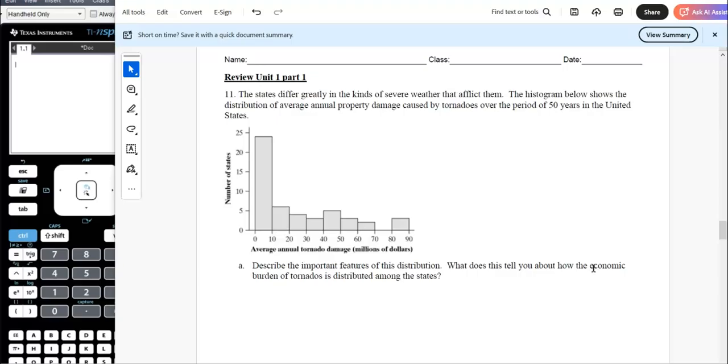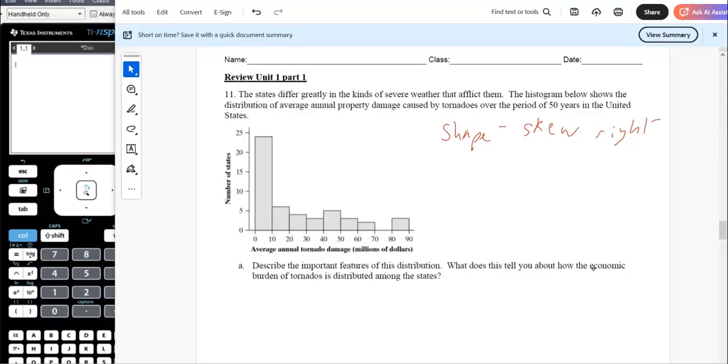The states differ greatly in kinds of severe weather that affect them. The histogram below shows the distribution of the average annual property damage caused by tornadoes over the period of 50 years in the United States. Definitely skewed right. So shape, skewed right.